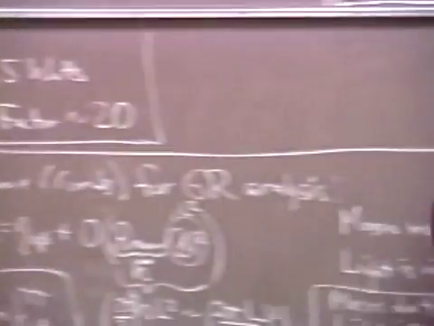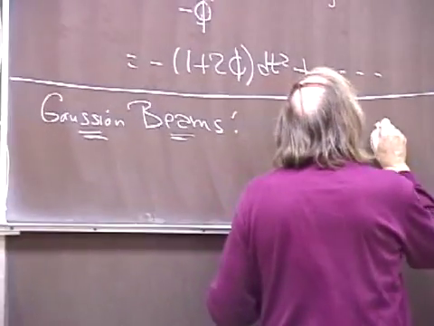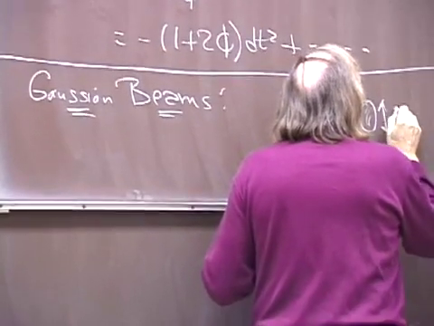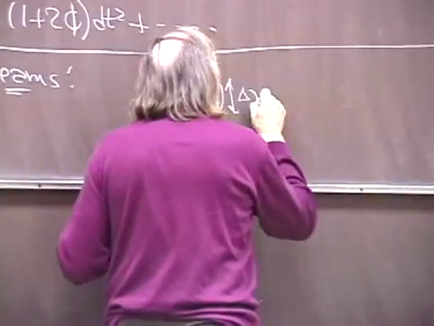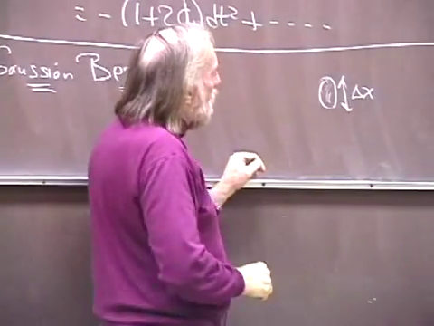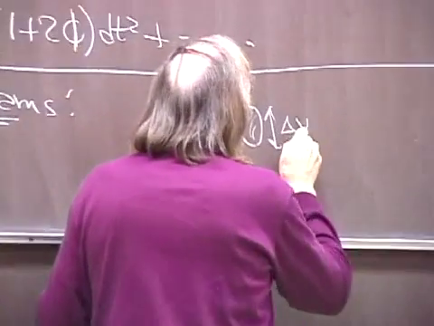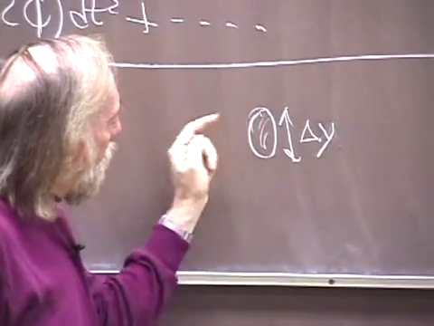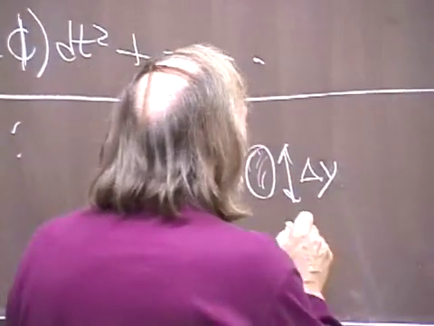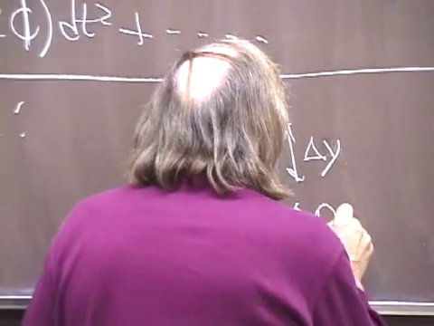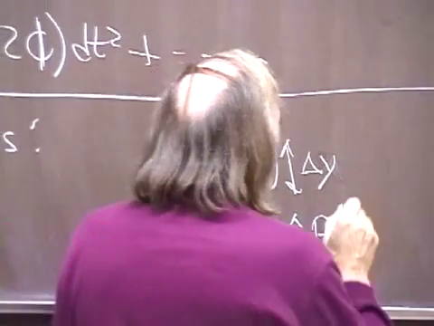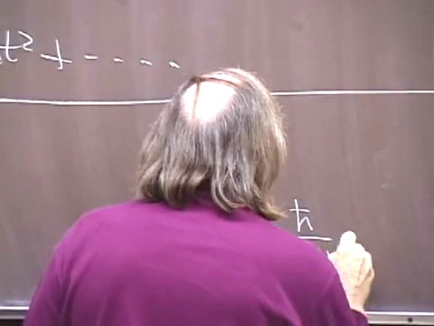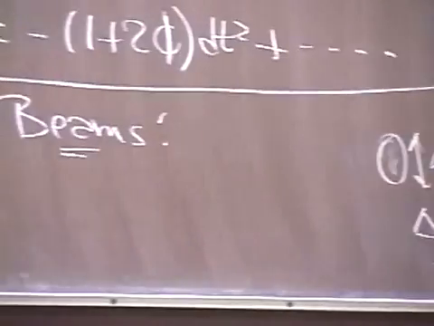So if we have a beam at this location that has some cross-sectional size, let's call it delta x in the x direction, or delta y in the y direction, then the uncertainty principle says that the photons in the beam have some uncertainty in the y component of their momentum that is greater than or equal to h bar over 2 times the transverse size.